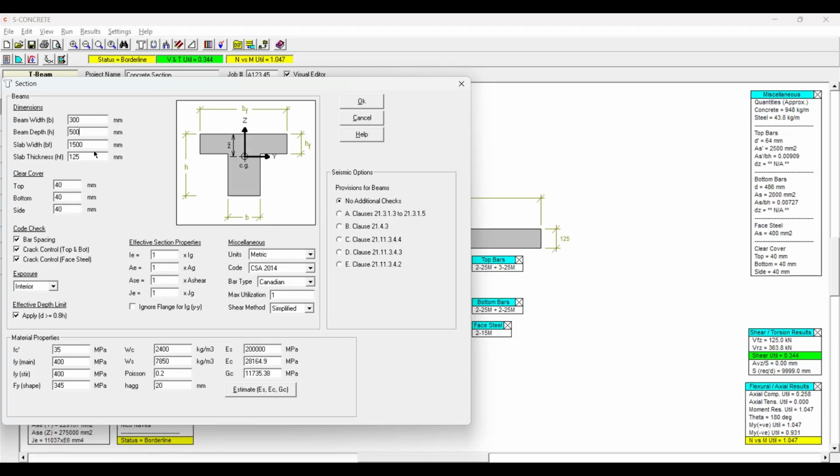Thus, effective depth is 437.5. Slab thickness is 800.